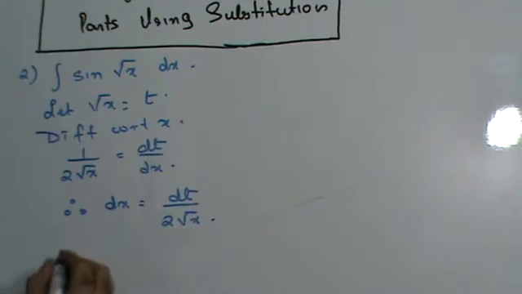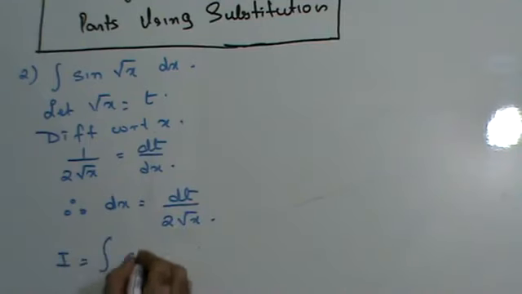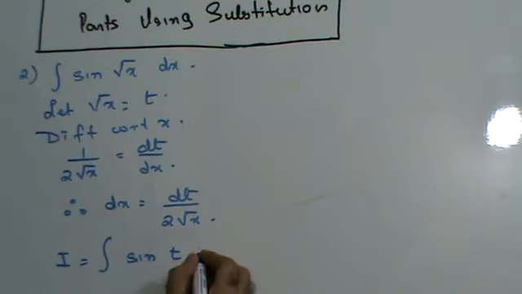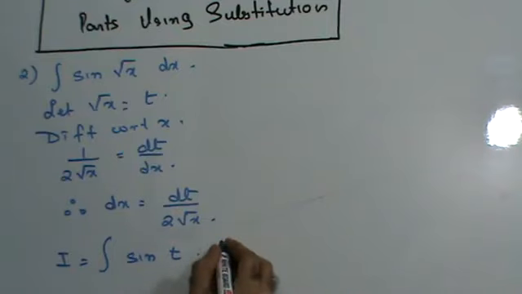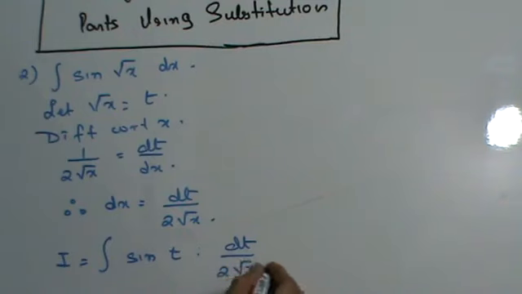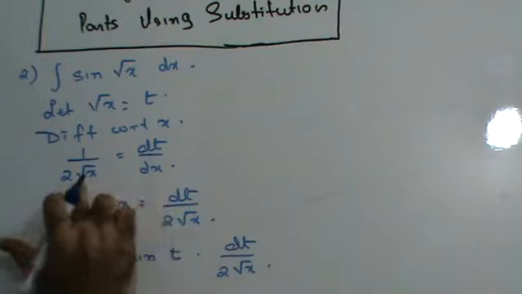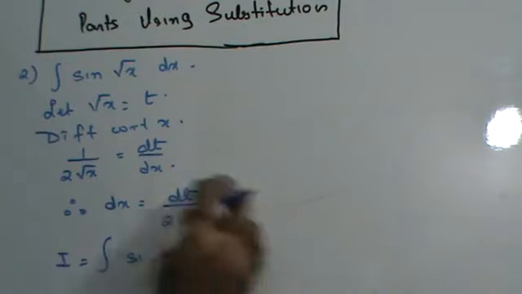I can say I is integral of sine root x, which can be written as sine t. dx can be written as dt upon 2 root x. Wait, give me a sec.